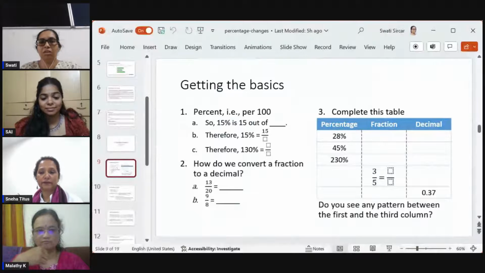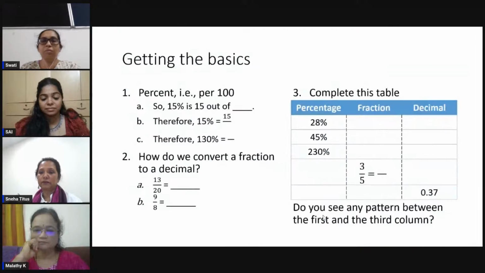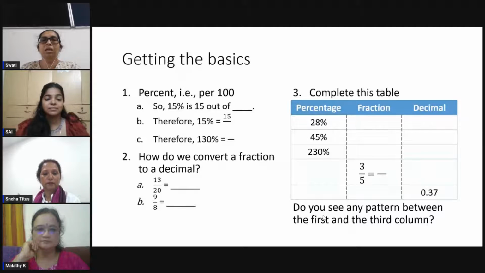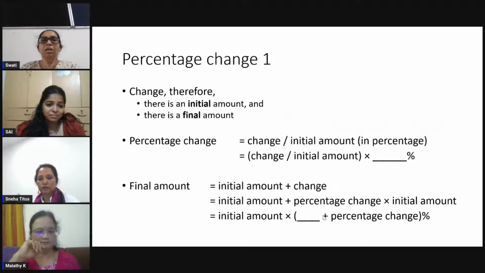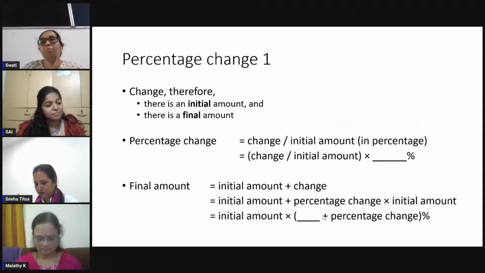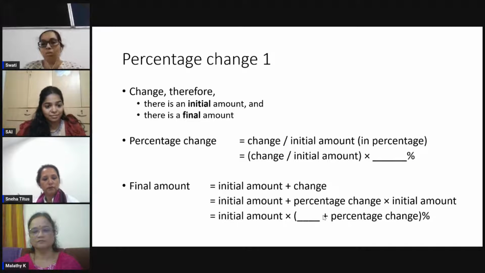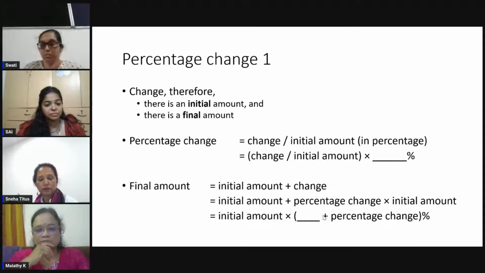Okay. So this is what I was talking about, the low floor part, where we look at the relation between percentage, fraction, and decimals, and then talk about the percentage change. So it is change, and therefore there is an initial and a final, and we always consider the initial amount to be the base, which is considered the whole, based on which the percentage is computed.